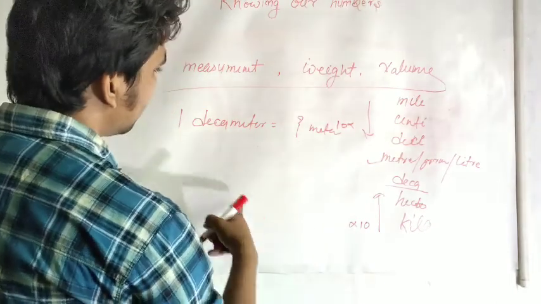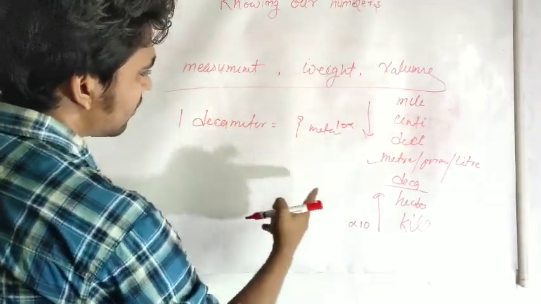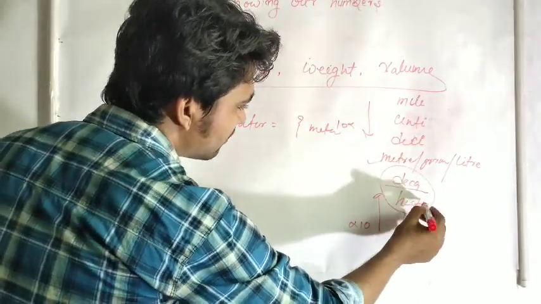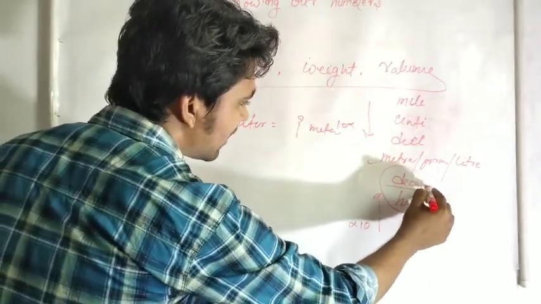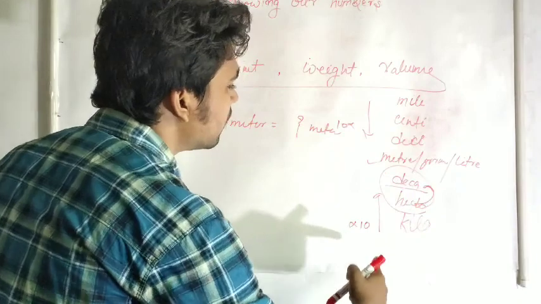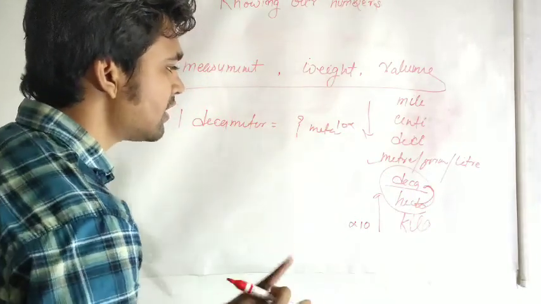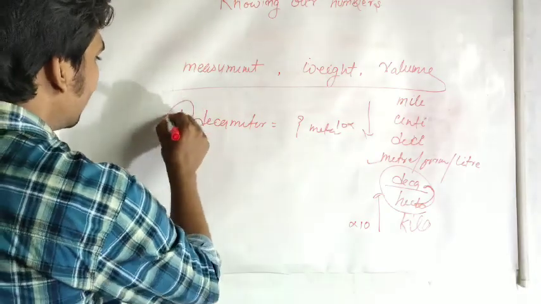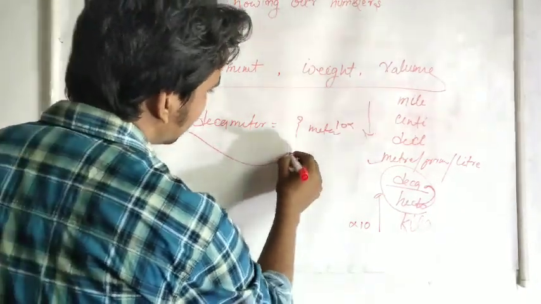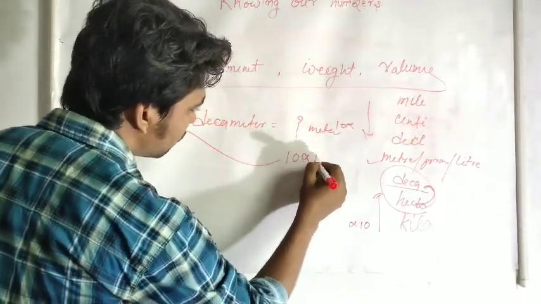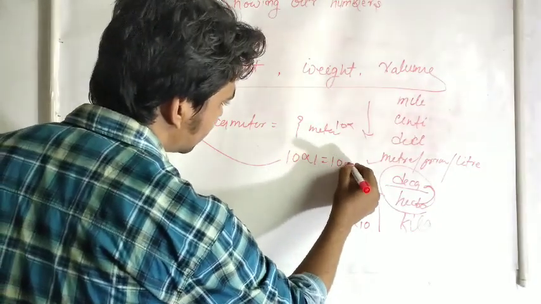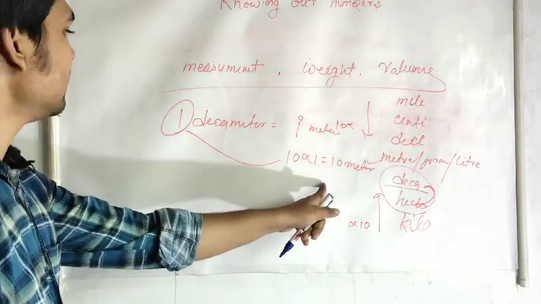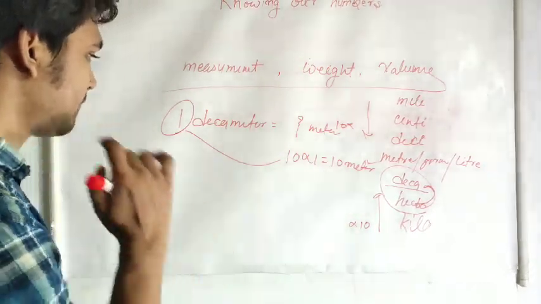So here, decameter and meter in the given chart, deca is available at one step up, so there will be an increase of 10 times. So 1 decameter would be 10 into 1, that is 10 meter. So 1 decameter is equal to 10 meter.